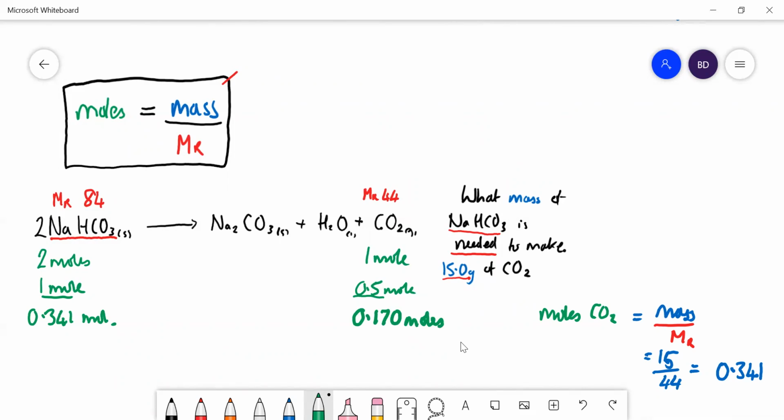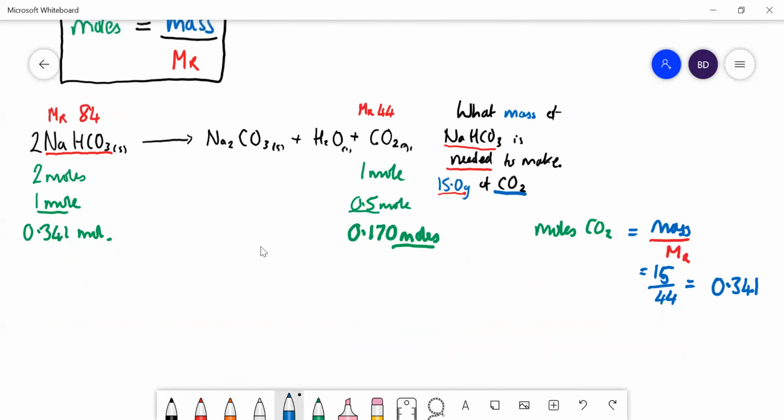The next thing to do now is to convert this number of moles, because it doesn't ask us how many moles of carbon dioxide, it asks us what mass of carbon dioxide. So we're going to do mass, rearrange the equation. Mass is equal to moles multiplied by the MR. So that is going to be equal to moles 0.17 multiplied by 44.